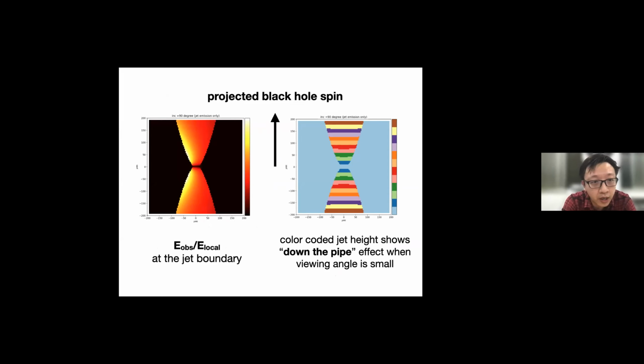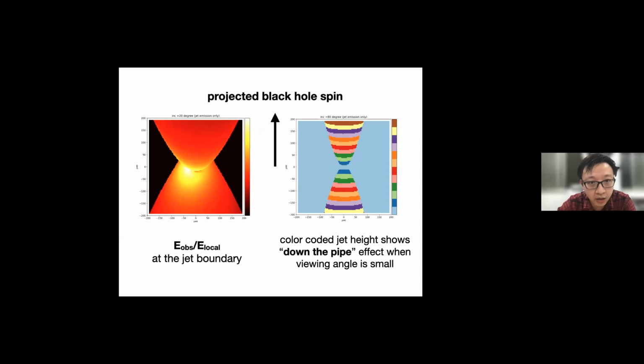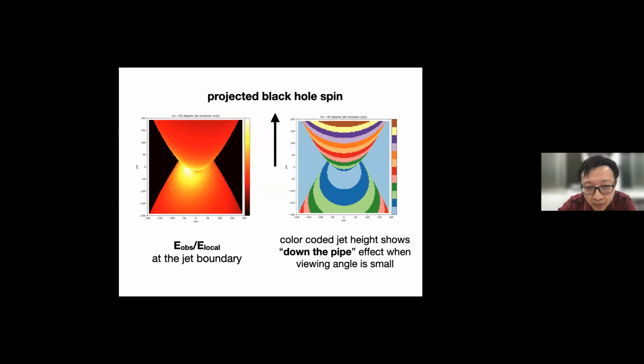We will first take a look at the beaming vector on the left, where we compare the local energy to the observer's energy. The approaching part will become brighter. And on the right is color-coded height. You can see when the inclination angle is low, there are some downward pipe effects.